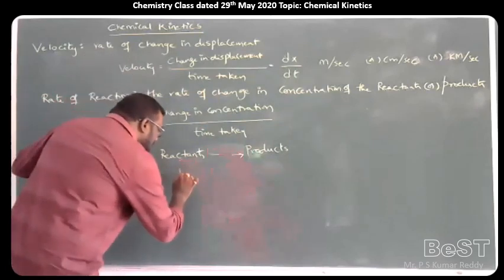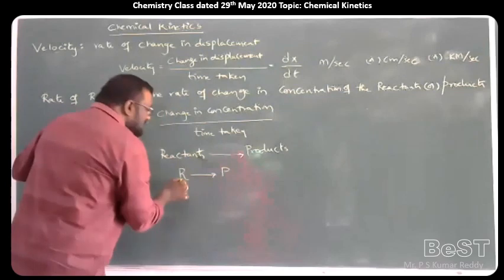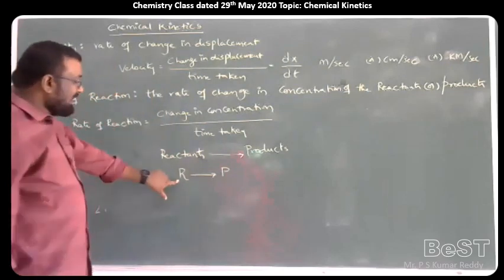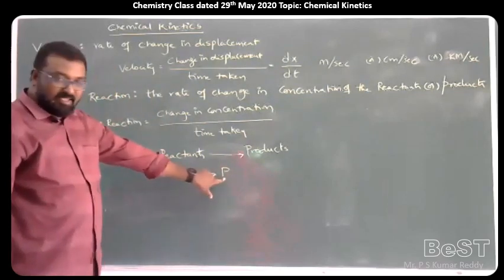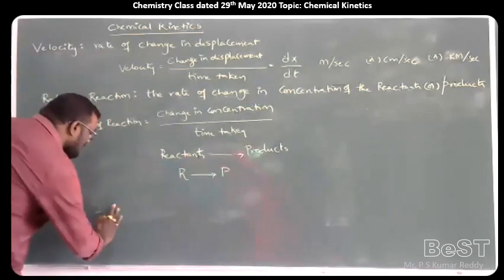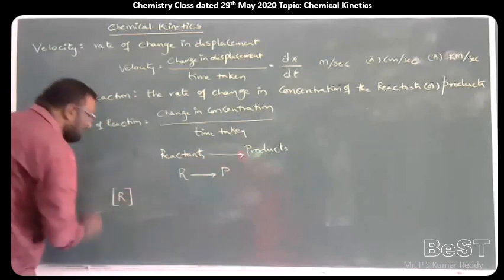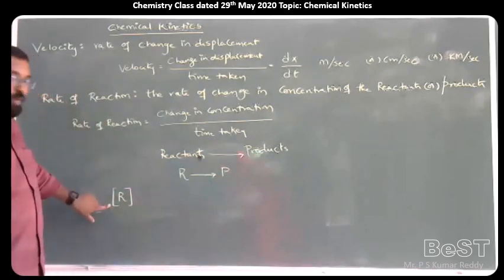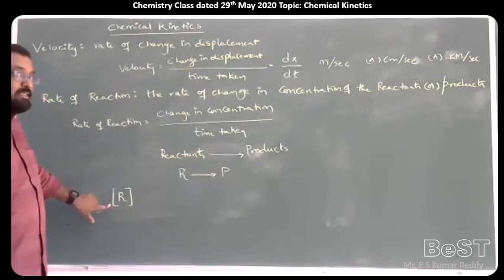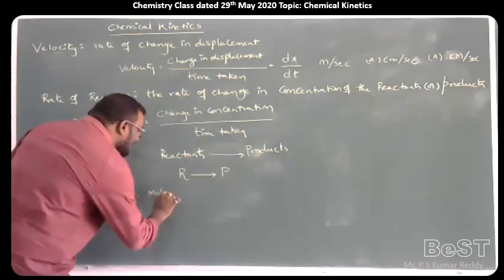So reactants R give rise to products P. The concentration of R is shown in square brackets. Here the square brackets denote molar concentration.